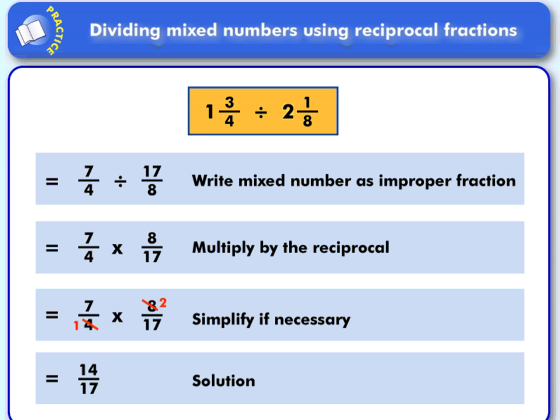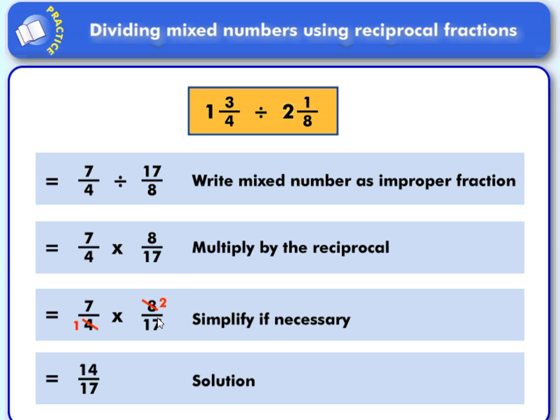So let's look at the steps we take when we are dividing mixed numbers. With mixed numbers, we start with similar steps to when we are multiplying them, and that is changing those mixed numbers into improper fractions. Once we have done that, then we follow the steps we just took. We change that division problem by keeping the first fraction the same, multiplying instead of dividing, and finding the reciprocal of that second fraction and multiplying by the reciprocal.